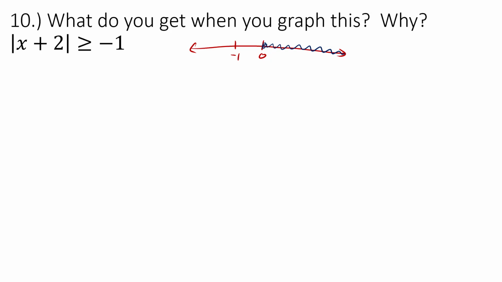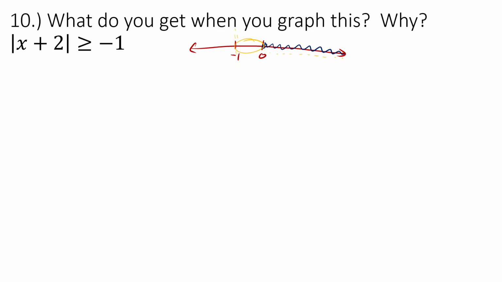Okay, so take a look at where the -1 is. Will the distance be greater than or equal to -1? Yeah. Now it'll never be equal to the -1, and it's not ever going to be anything in here, but every single point in that set meets the qualification of being greater than -1.